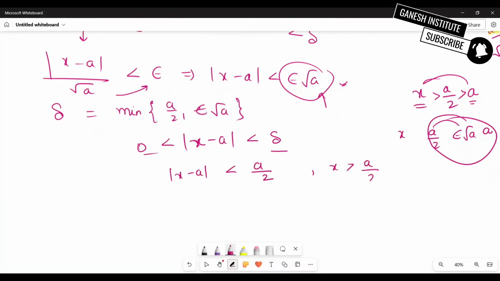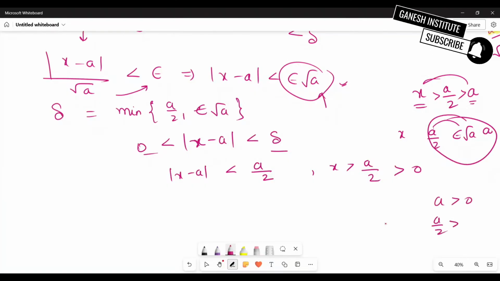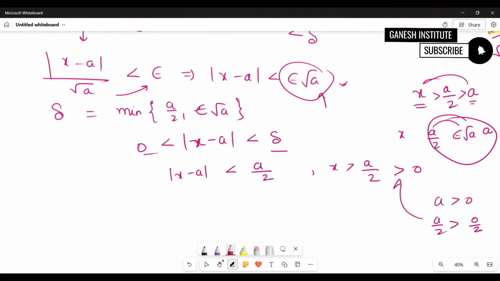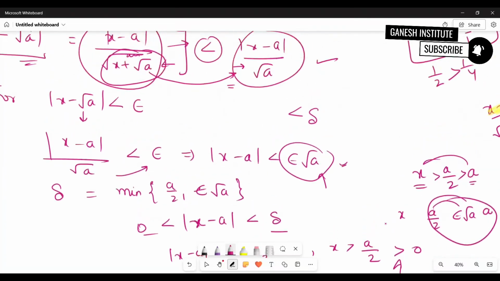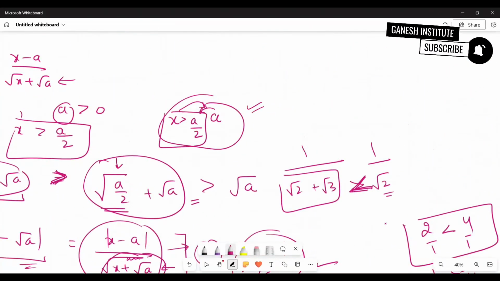That means x is greater than a by 2, which is greater than 0. If a is greater than 0, a by 2 is also greater than 0 by 2, that is 0. Shouldn't it be x is less than a by 2? No, I considered it this way here.